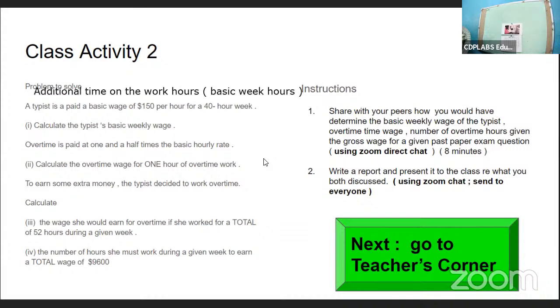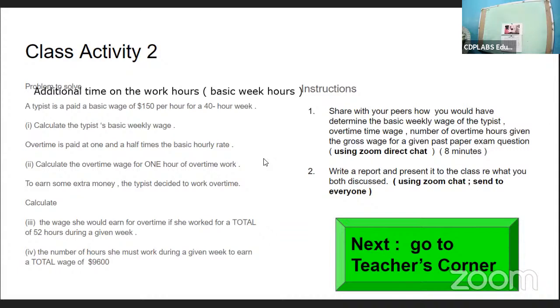All right. Can somebody read part 3 for me, please? Gabriel, can you read part 3 for me? The wage she would earn for overtime if she worked for a total of 52 hours during a given week.